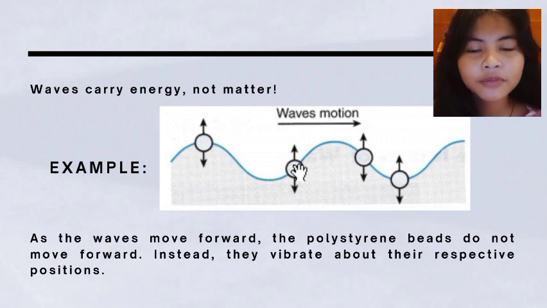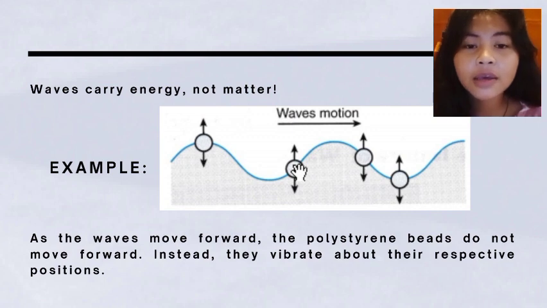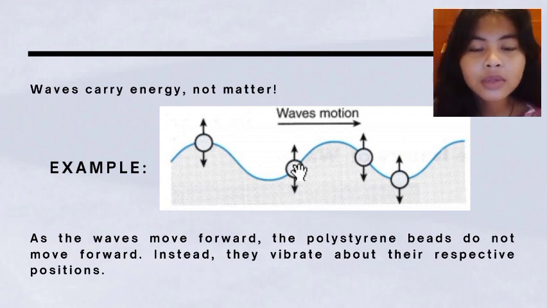An example for this is the experiment of the polystyrene beads, which are bathed in a basin of water. An external force is applied to the basin of water, which makes it able to generate a wave.